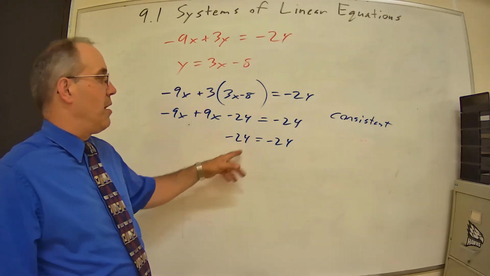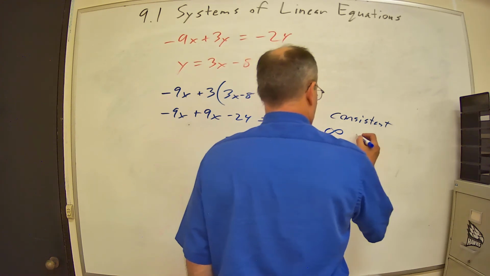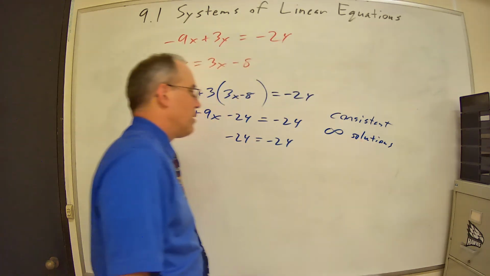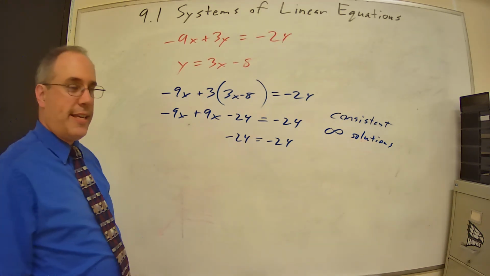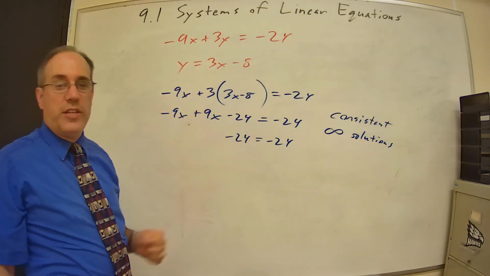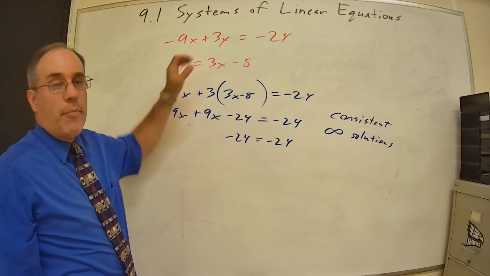Consistent, meaning that there are an infinite number of solutions. And that infinite number of solutions is the line that both of these represent, because these are the same line.